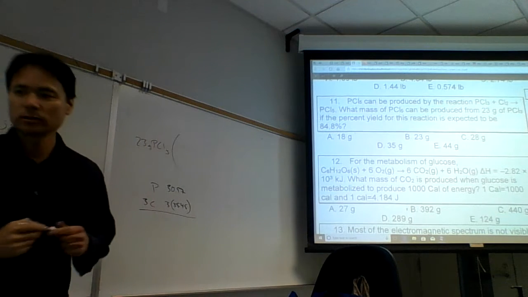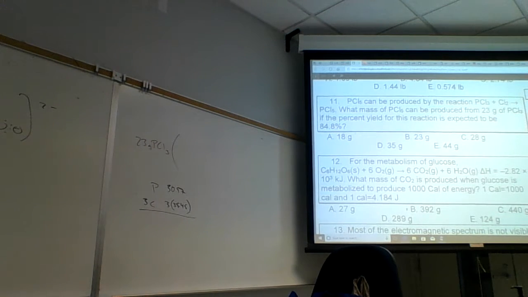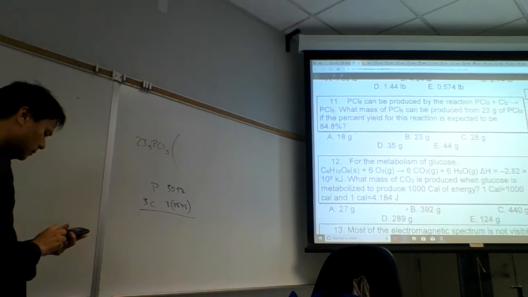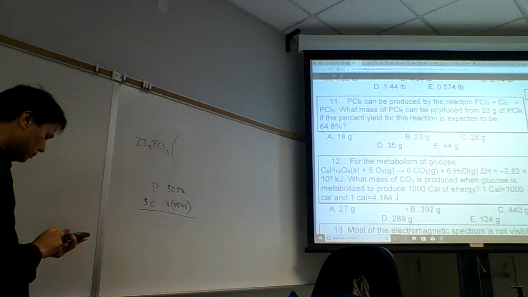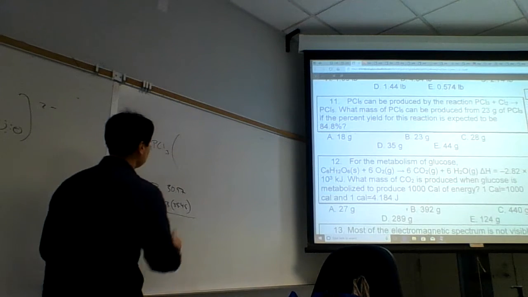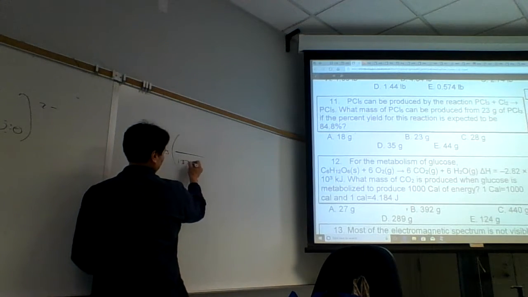So three times 35.45 plus 30.97 is 137.32. Is that what you got? Yeah.